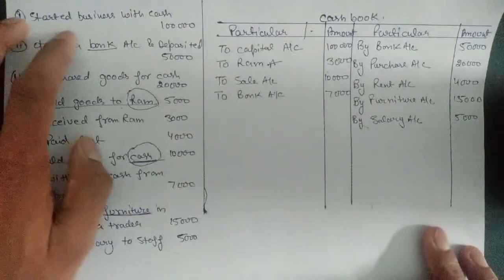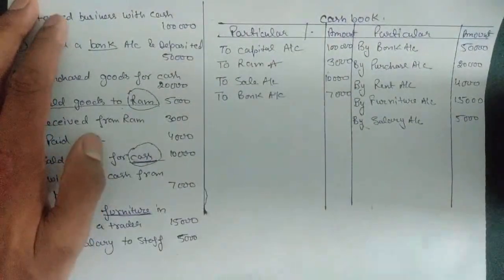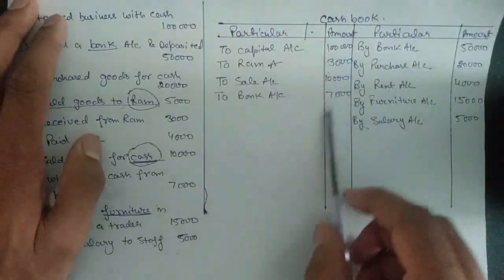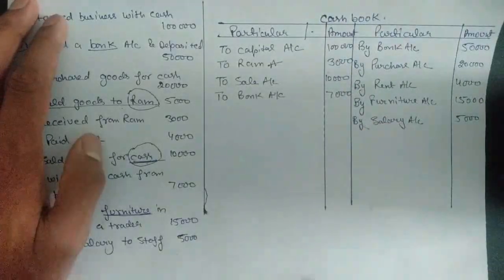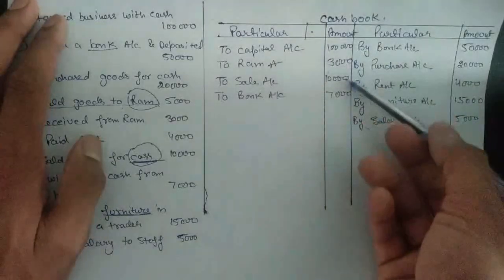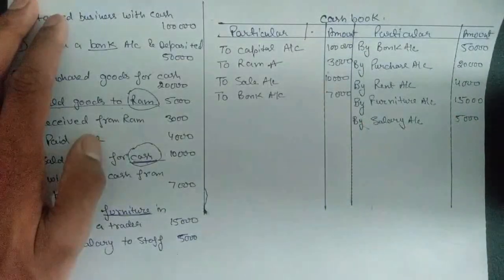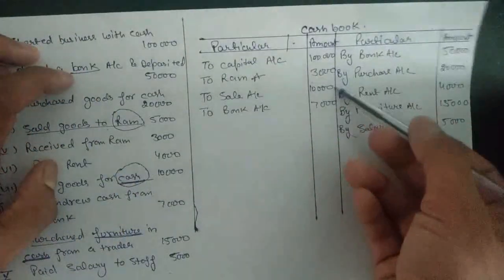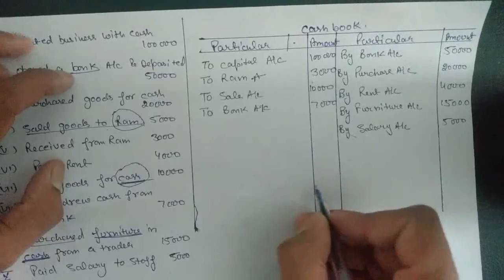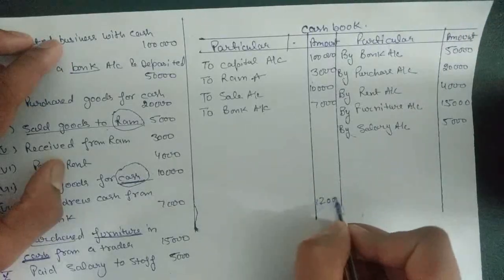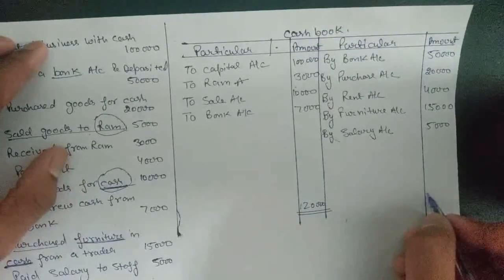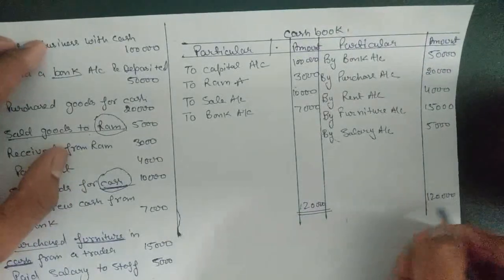balance the account. As I told, debit side balance is always higher in cash book because cash can't go negative. So first we need to total this side of the cash book. So 10, 20, 120 is the balance. We need to close the account by double line 120.